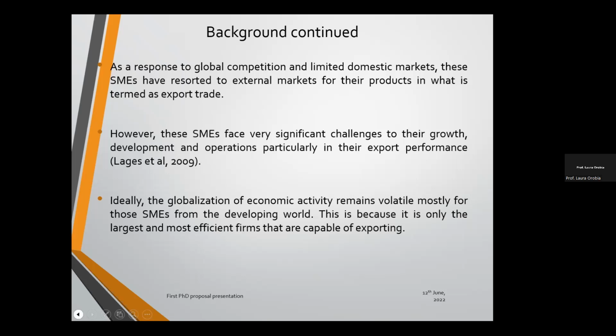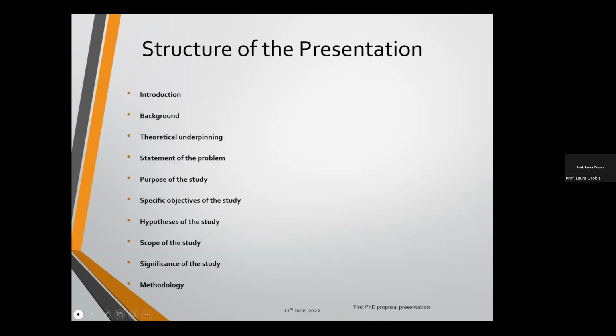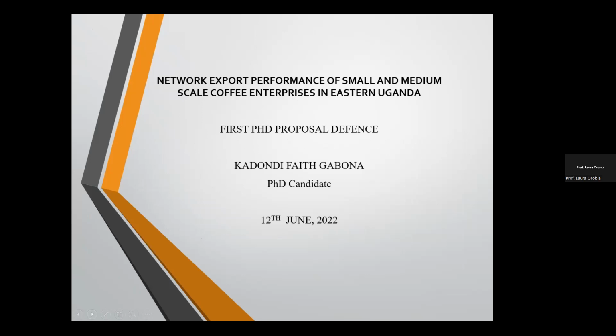That is background continued. Small and medium scale coffee enterprises. Are you studying both small and medium scale coffee enterprises, or are you studying small scale coffee enterprises? This one you need to be clear on right from the onset.